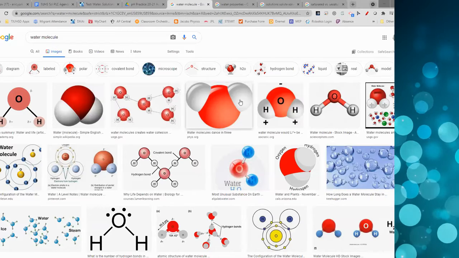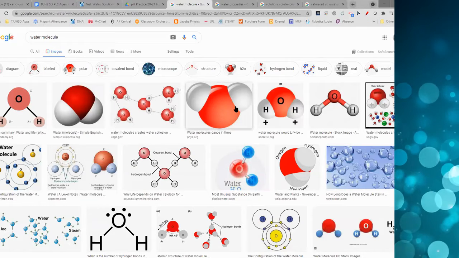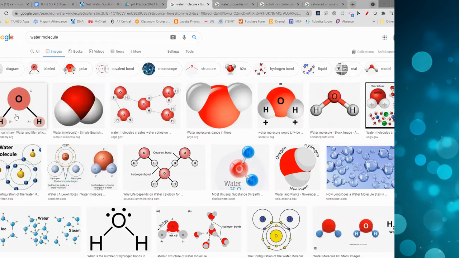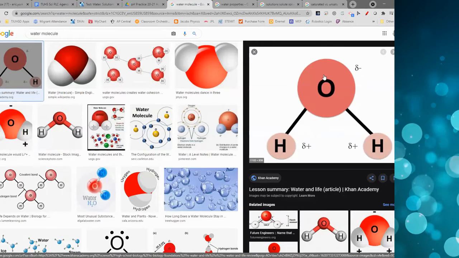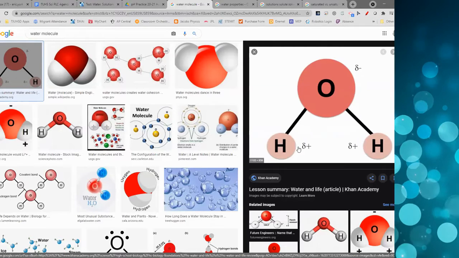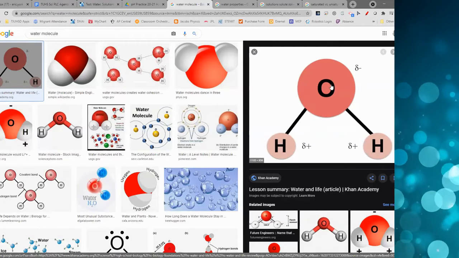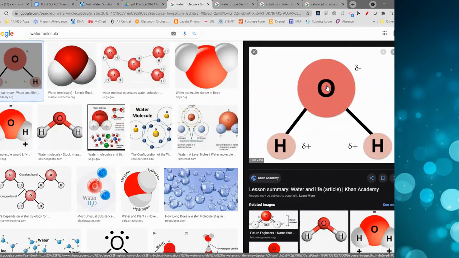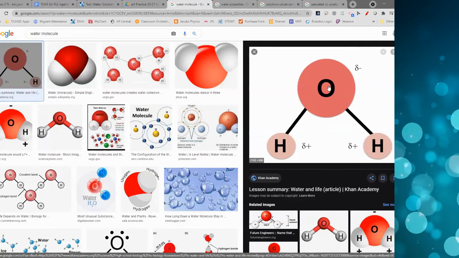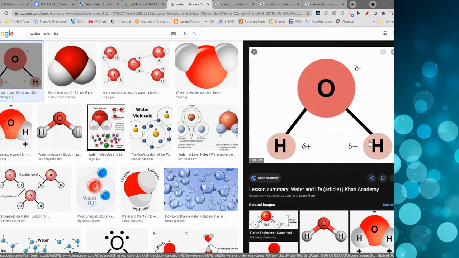So can you guys see these pictures of water molecules? Give me a thumbs up. Okay, good. So let's take a look at this first picture. This picture has a water molecule. We have oxygen bonded to 2 hydrogen atoms. Oxygen is the more electronegative atom, meaning oxygen has a higher attraction to electrons than hydrogen does.